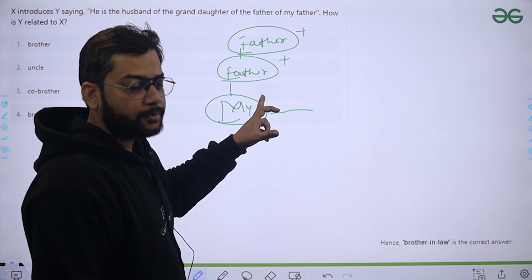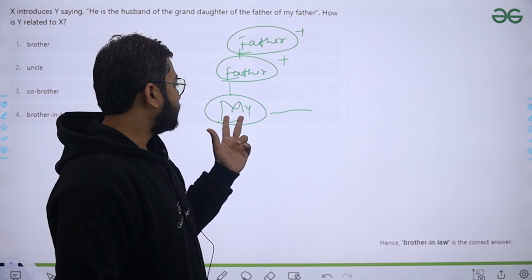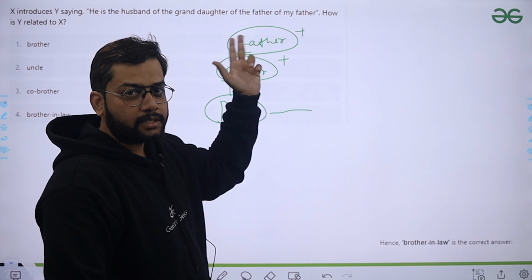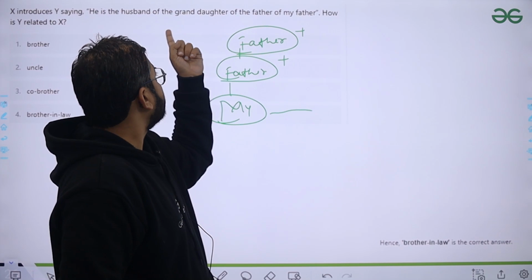As you can see from the floor method, this is our generation, then the father's generation, and then the father's father generation. It means here it's a granddaughter.